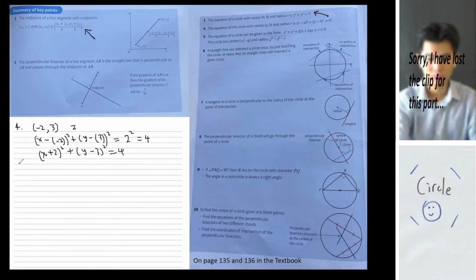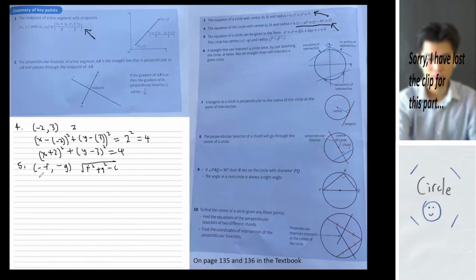So for part 5 here, the center is (-f, -g) with the radius of root f squared plus g squared minus c. So always remember, a circle can be written in this form here.